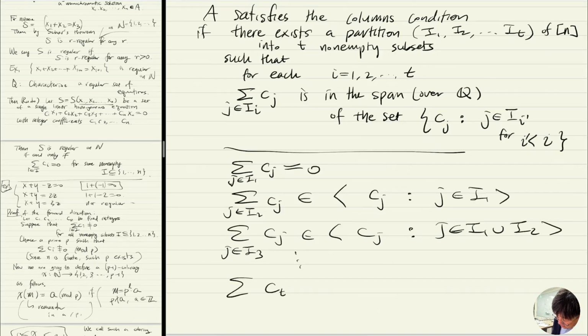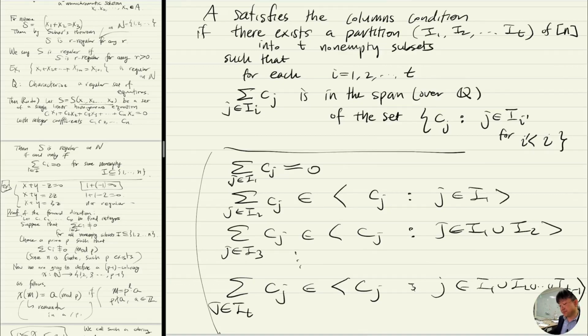And the sum in IT is in the span of column vectors in the previous ones. All right, so that's what it means.